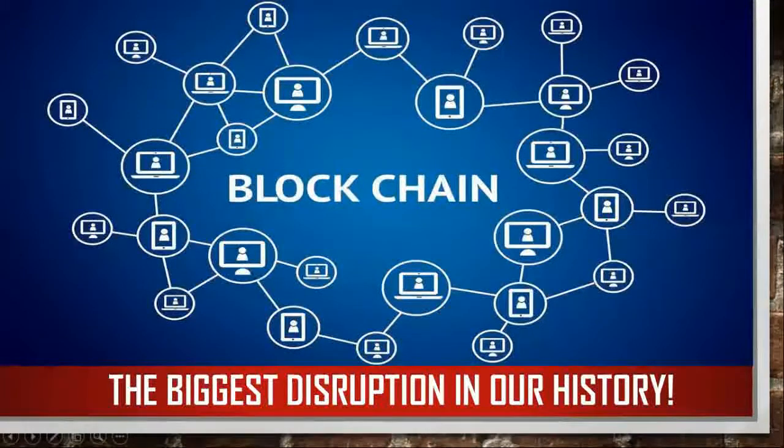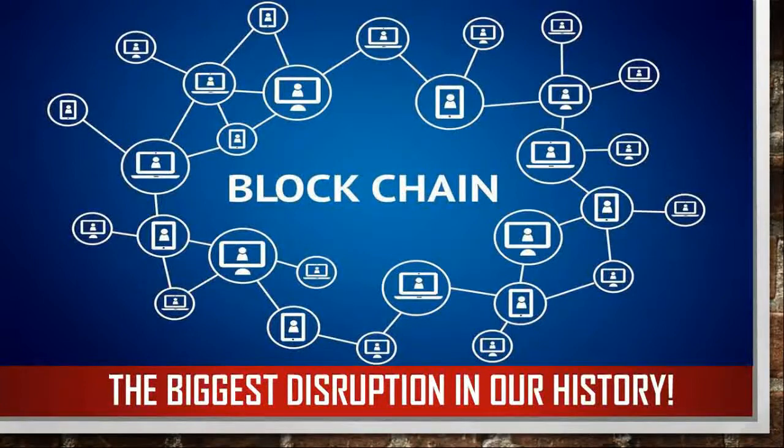Blockchain, if you're not familiar with the basics, is the new technology that gave birth to Bitcoin. It's the biggest disruption in our history. All of those devices that you see in the circles that are connected with the lines represent what we call a node.